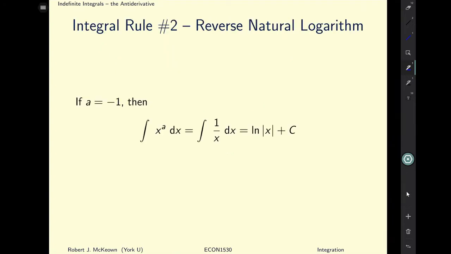Now here's our special case. We've got a equal to -1. This is the special case that we were avoiding before. What does this look like? We've got 1 over x, which is x to the -1.